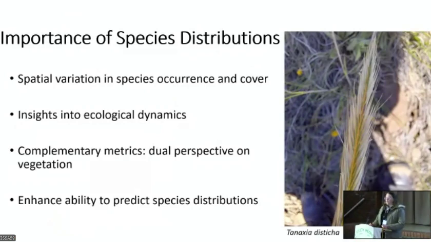Both species occurrence and cover are complementary metrics. They offer a dual perspective on the vegetation extent and the location of a species. Understanding these metrics can enhance our ability to predict the species distributions and to evaluate how they will change in the future.